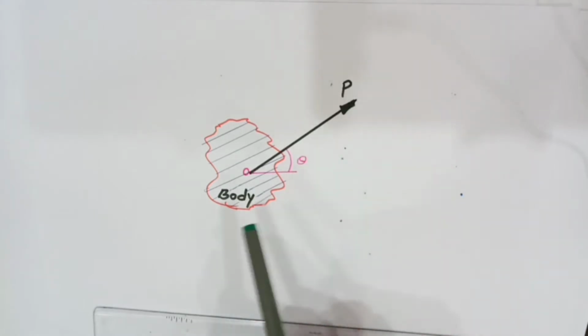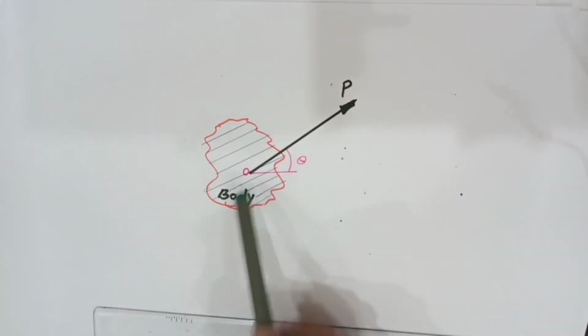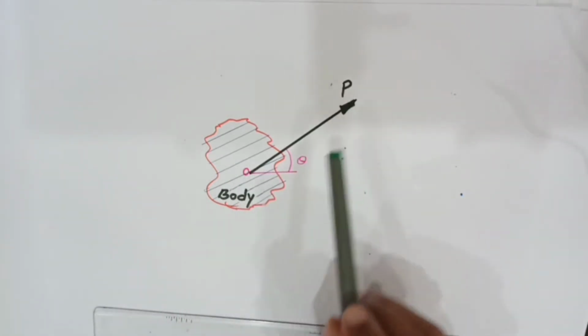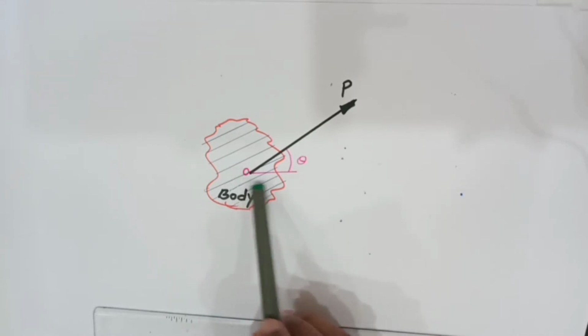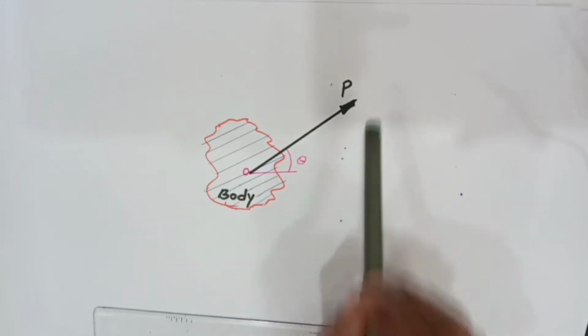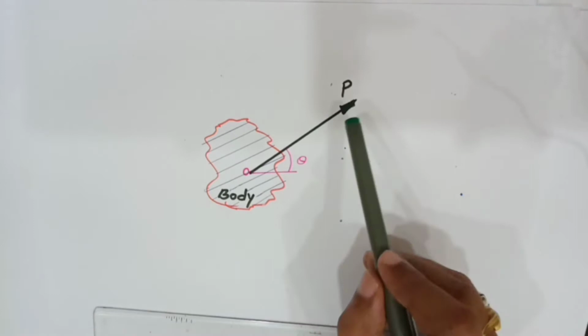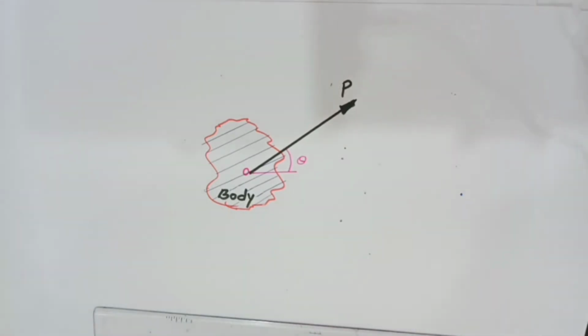Consider a force P which is acting on a body at O. With the application of this force, the body has to move towards the right as well as upwards. Now, as this force is an inclined force, we have to resolve it into components, that is vertical component as well as horizontal component.